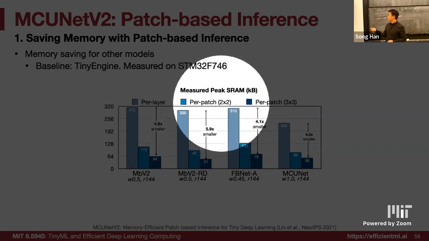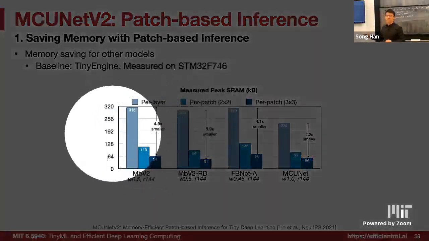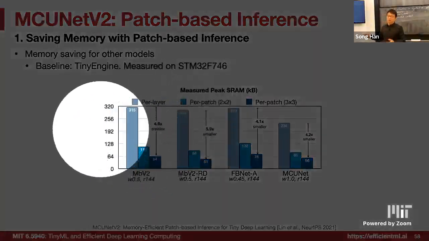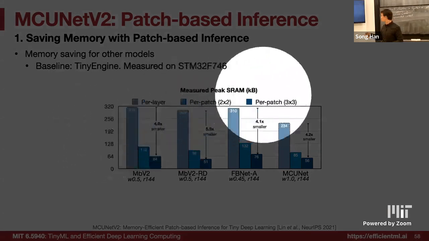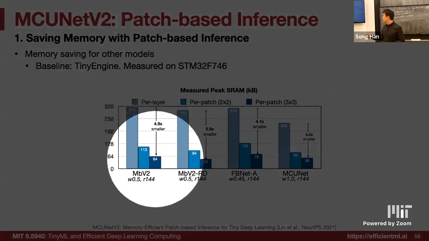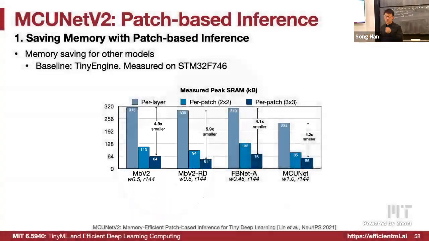And the middle part is per patch, about 2x2 patch. So 315 now becomes 113, roughly 3x saving, not 4x, since that's the theoretical limit. But if we use 3x3 patch, that becomes about 4.9 times smaller, reduced to only 64 kilobytes.